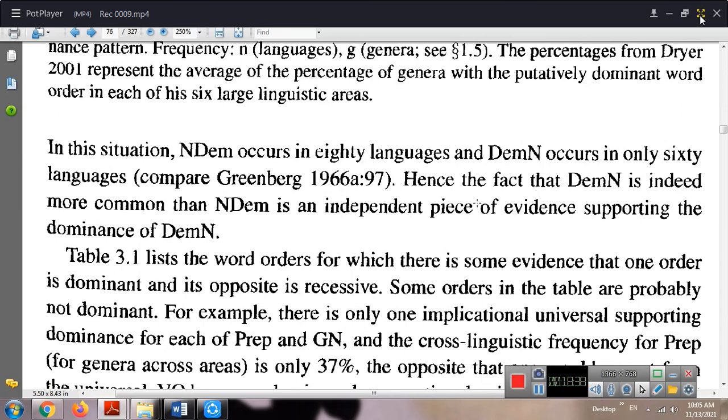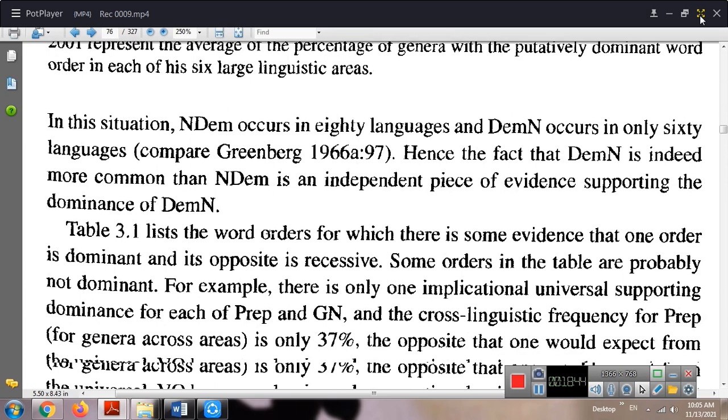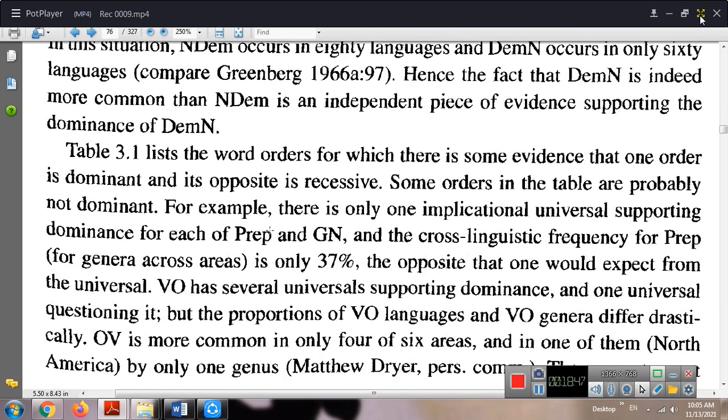Hence, the fact that demonstrative-noun is indeed more common than noun-demonstrative is an independent piece of evidence supporting the dominance of demonstrative-noun. Here, based on that tetrachoric table, we try to show that the dominant elements are more common and more frequent than the recessive ones.